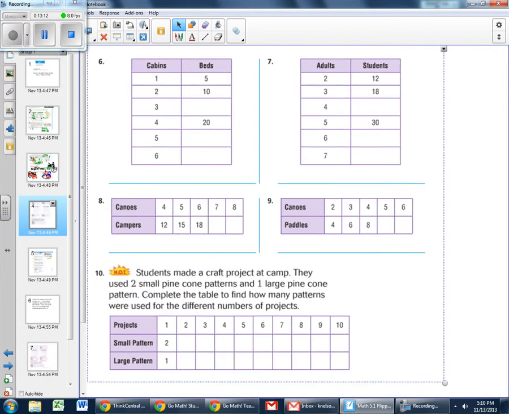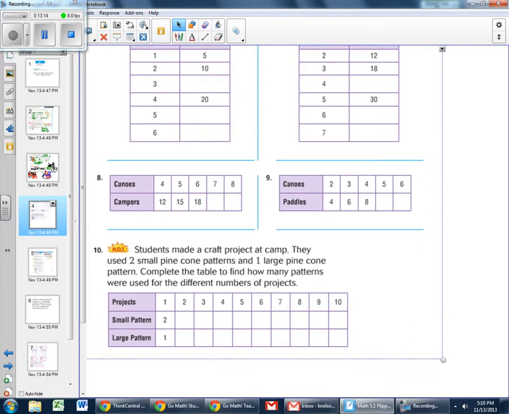Okay? Skipping down to number 10, it's one of those hot problems, so you might have to think about it. It looks like there's a double table here. So you're going to have to figure out your 2 different types of information. Okay? Fill in this page, please, 183.